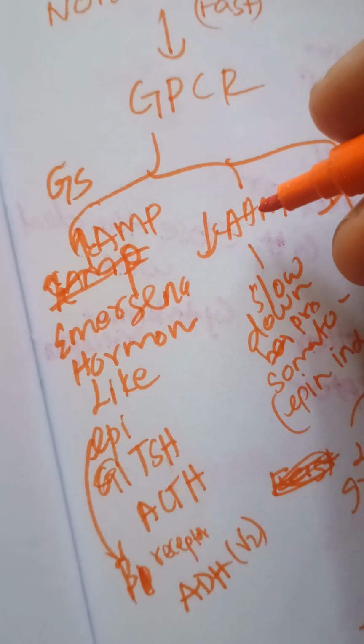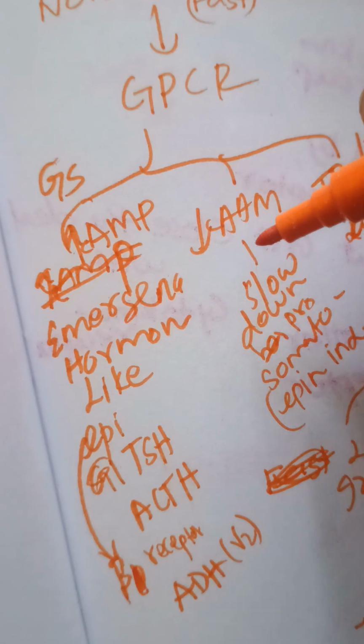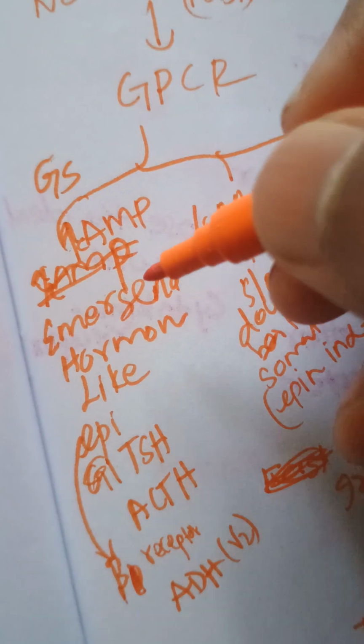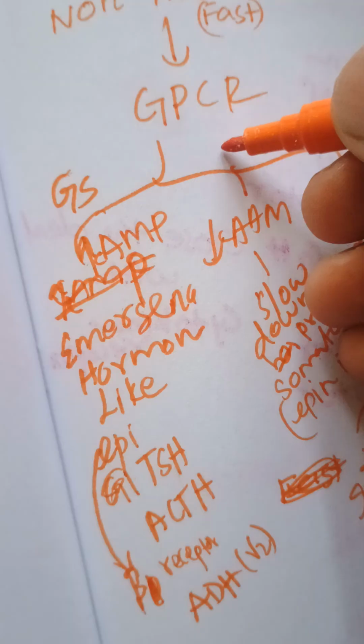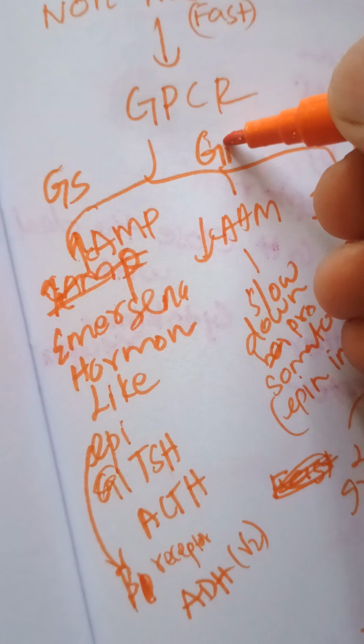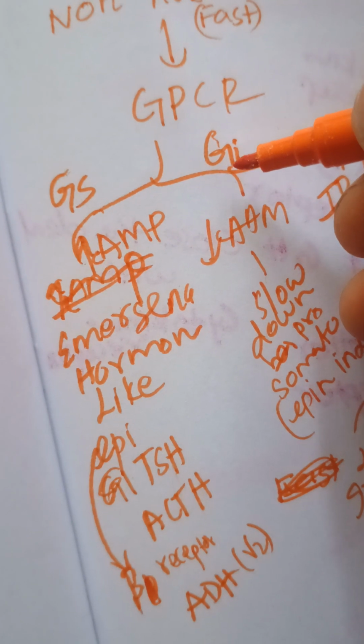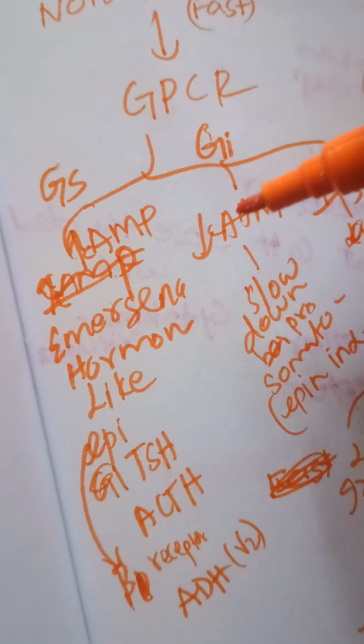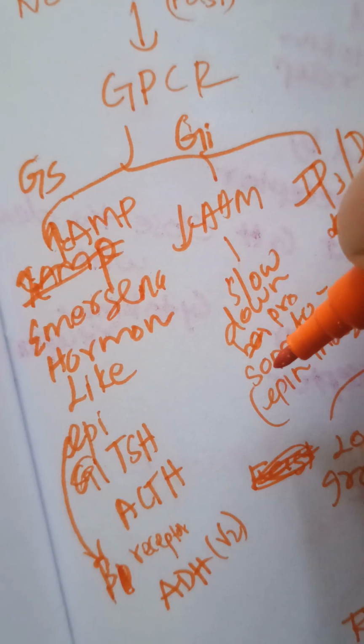Decreasing cyclic AMP is exactly opposite to increasing cyclic AMP. It acts through the Gi subunits. Gi subunits stimulate and decrease the cyclic AMP, slowing down that process.